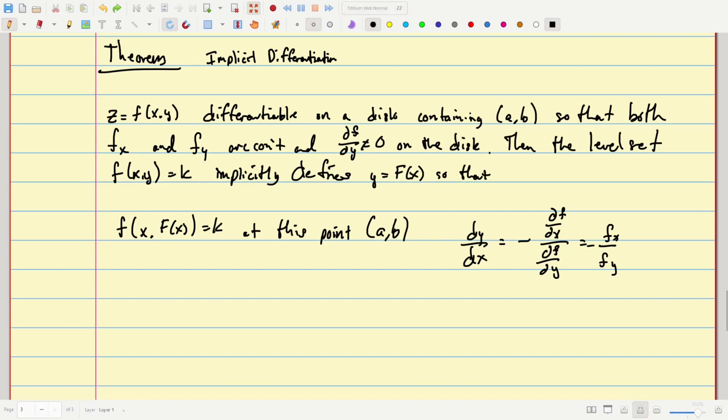This is probably not a very commonly used result, but when you're trying to prove other theorems about things, having a theorem that guarantees a particular expression of a function is very, very powerful. Okay, so the implicit function theorem is something that you will see and use more of were you to pursue classes beyond this.